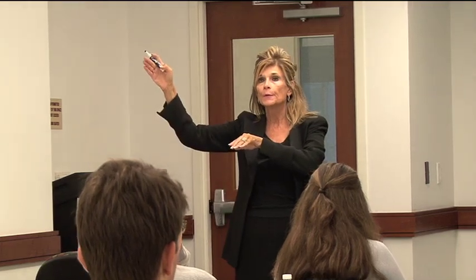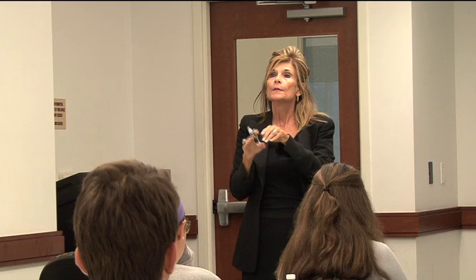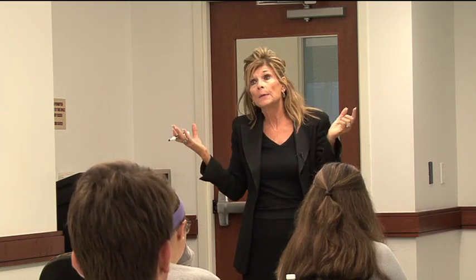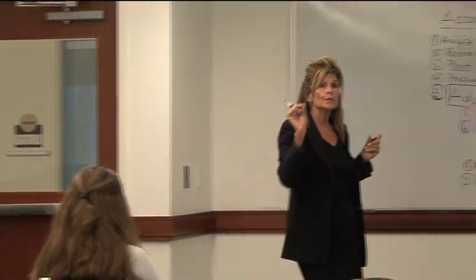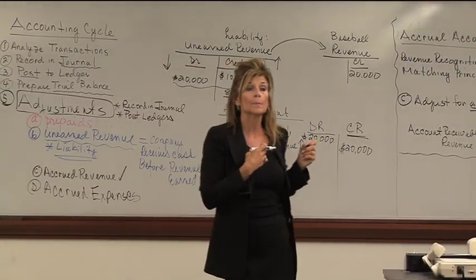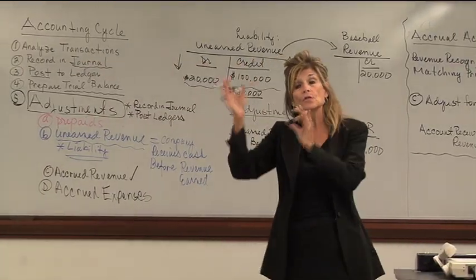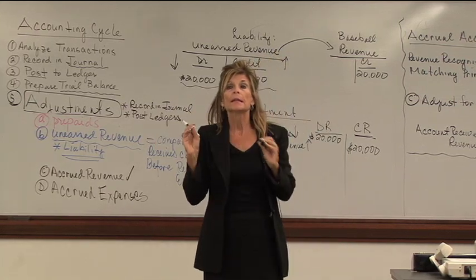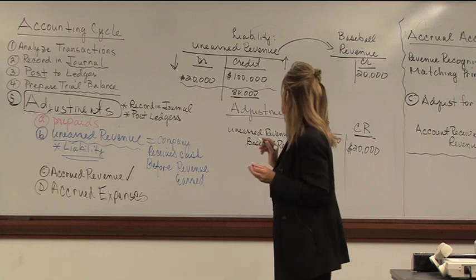So you want to match up all the revenue you earned against all the expenses incurred. So when you report net income or profit, maybe even a loss, you want to make sure you're telling the right information so that the users of the financial statements, maybe the internal users called management, the external users, creditors, and maybe investors or owners, get the best information possible.